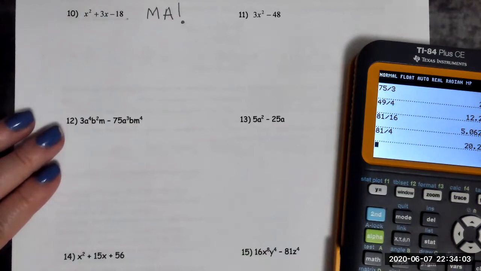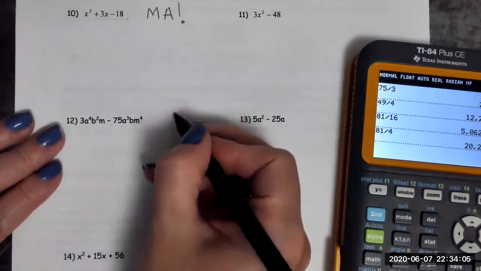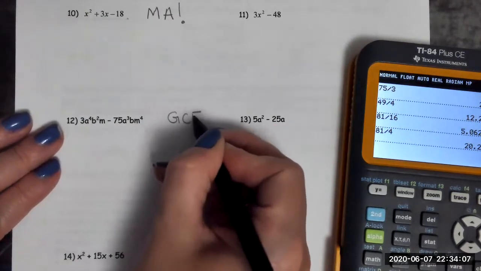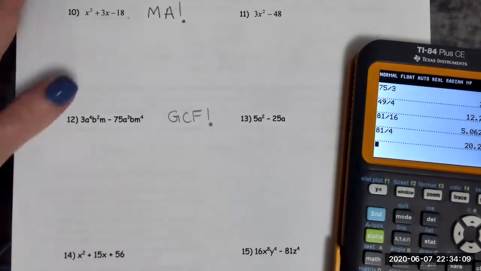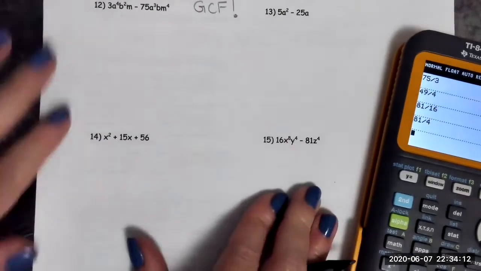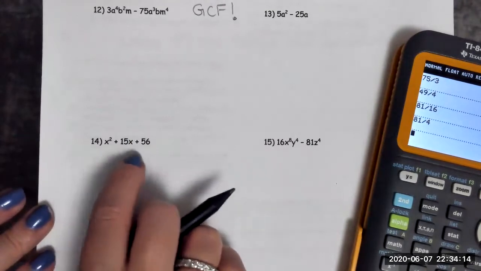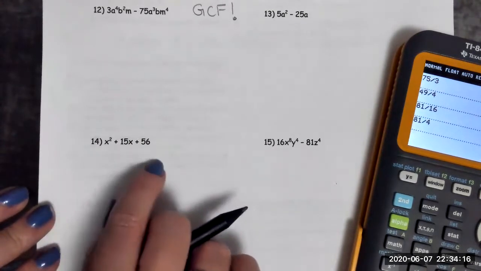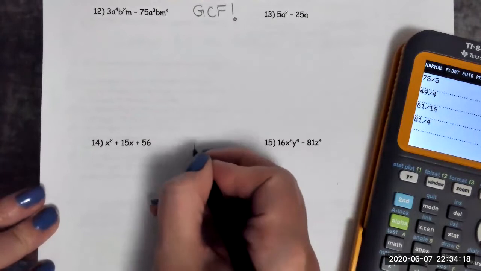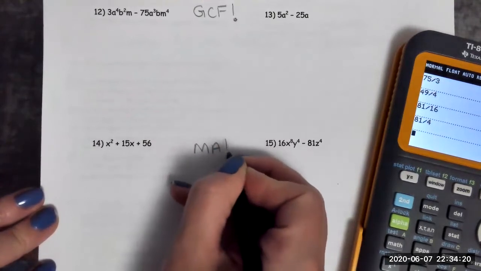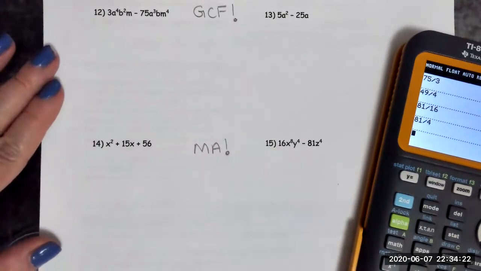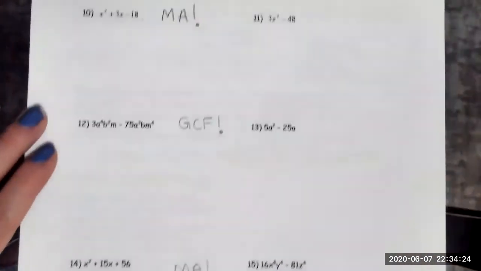And we saw an example like this, so I'm going to assume that this is a GCF question. And on the last one, I've got a trinomial again, 3 terms. I don't see a GCF that I can divide evenly into all of them, so I'm going to assume this is a Ma method. Are you guys getting the point on this?